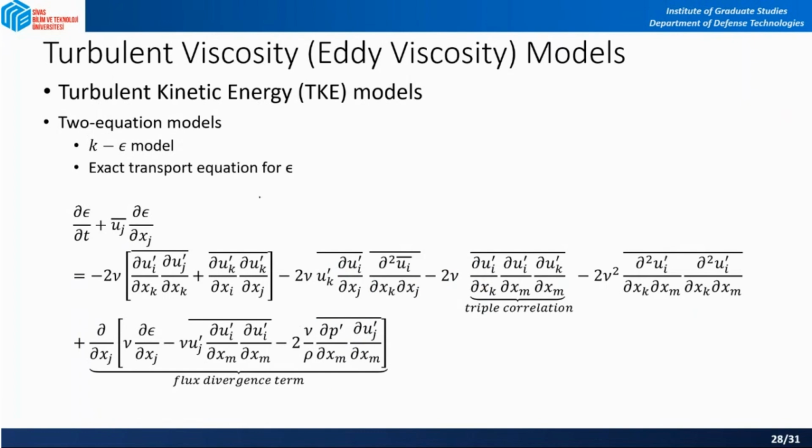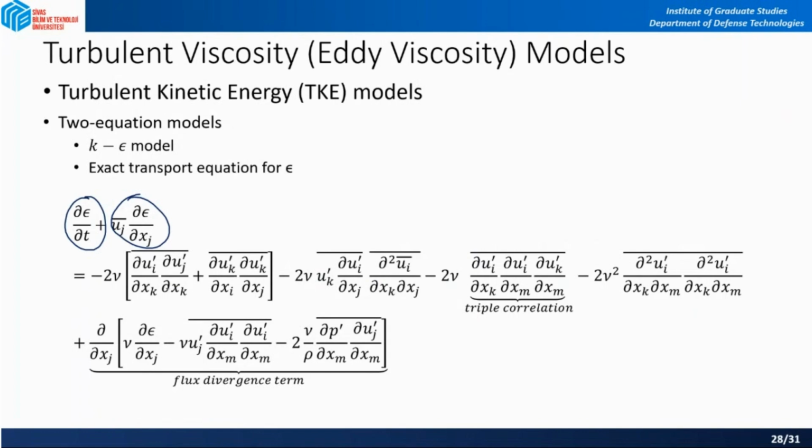It's a very long equation, but on the left hand side again you have the local derivative, the convective derivative, and then on the right hand side what changes the distribution of epsilon in time and space. You have many terms in there.